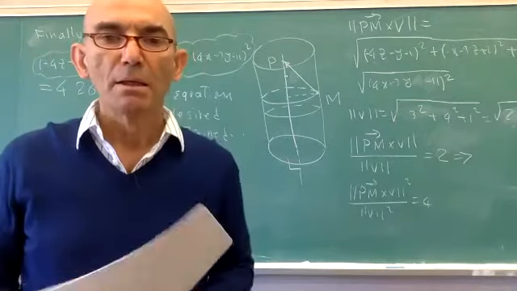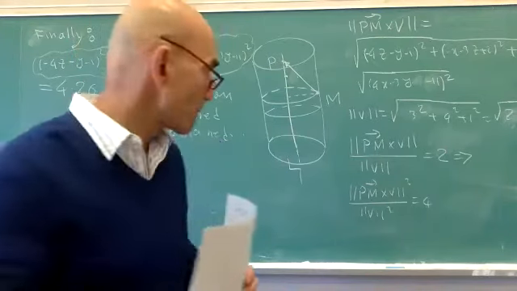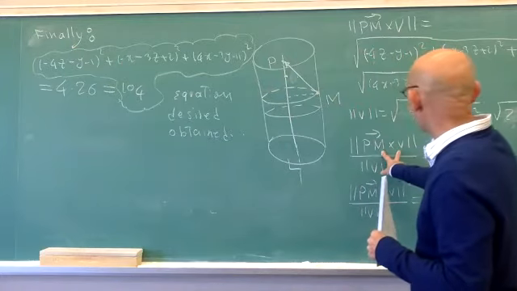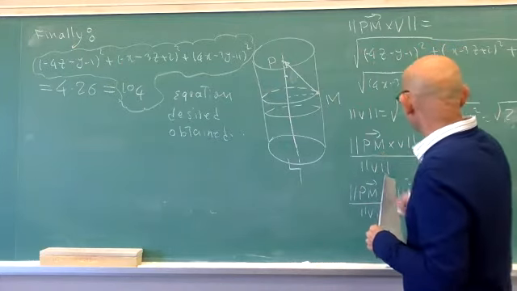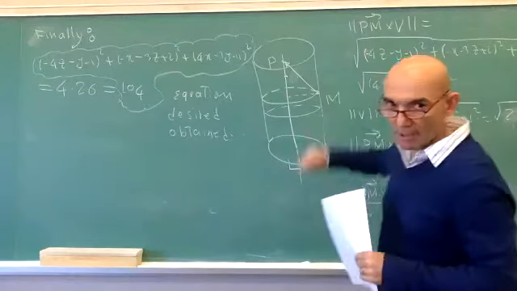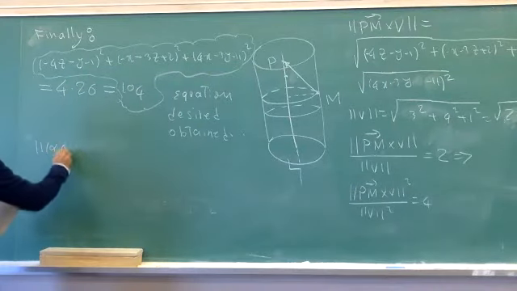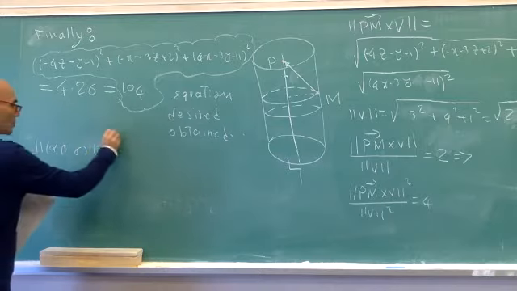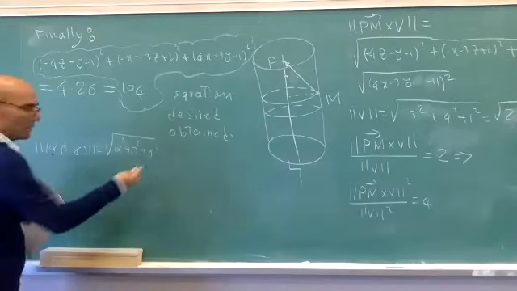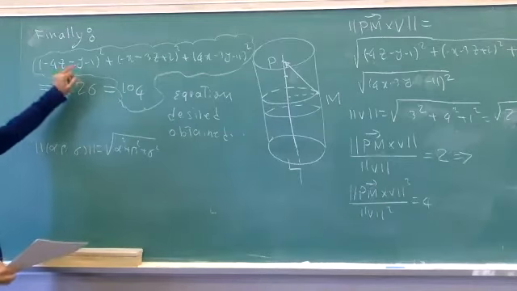Sir, quickly, can you explain why the norm of PM cross V, that entire thing got squared to get 4? Why did we do that? In norm there is a square root sign, right? If you want to compute the norm of a vector, say alpha, beta, gamma, it's just square root of alpha squared plus beta squared plus gamma squared, no matter what alpha, beta, gamma is. Alpha, beta, gamma here is of the form x, y, z and stuff like that.